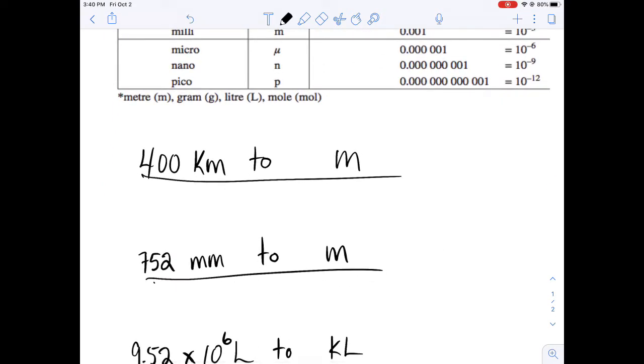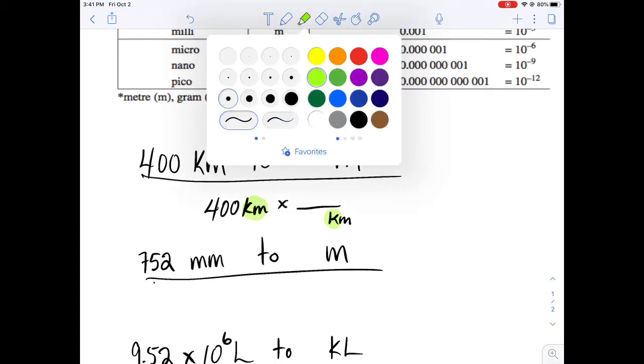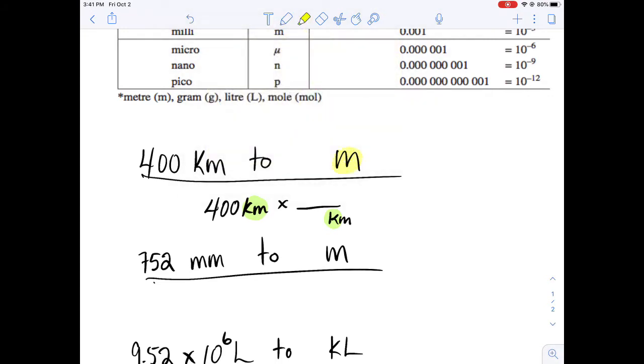So when I'm doing 400 kilometers to meters, I write 400 kilometers, and I want to get rid of my kilometers. So whatever the units are there needs to go in the denominator. Kilometers go here. And I want to be left with meters, so meters need to go in the numerator.